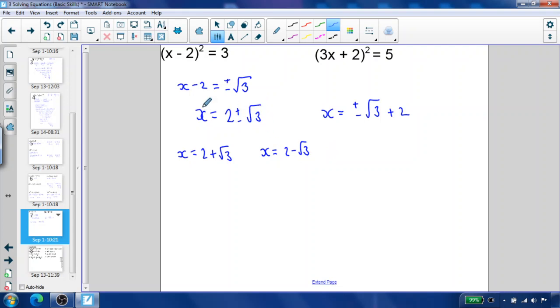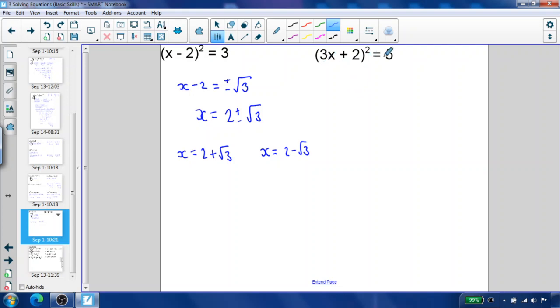We can leave it as this. We don't have to go ahead to this because this shows that there's going to be 2 solutions with this plus and minus. If you've never seen this before, don't worry too much because we cover this again in the next chapter. It's just like a nice introduction for you.